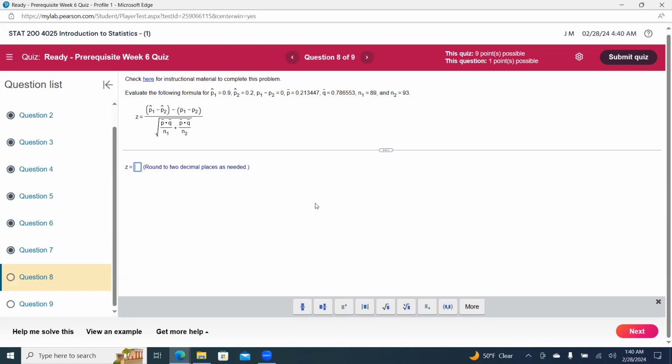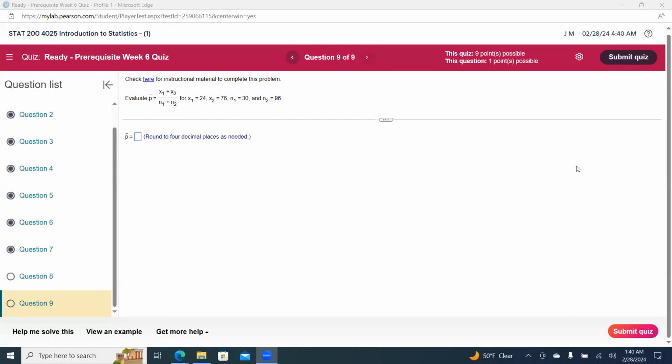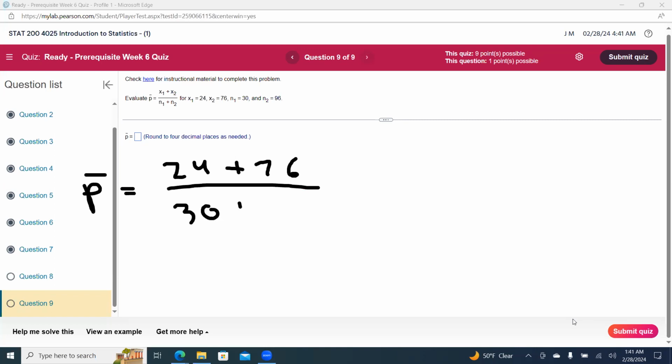Okay, so this is that same crazy equation here as all this thing is. P bar. Yeah, they give us this easy one, then they finish us off with one of those other crazy ones.